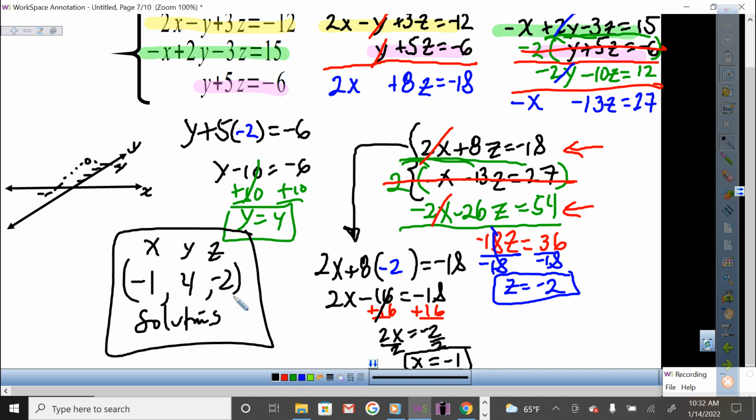But now we have what? Z. And Z is what? Negative 2. 1, 2. So that means we need to bring this point down right there.